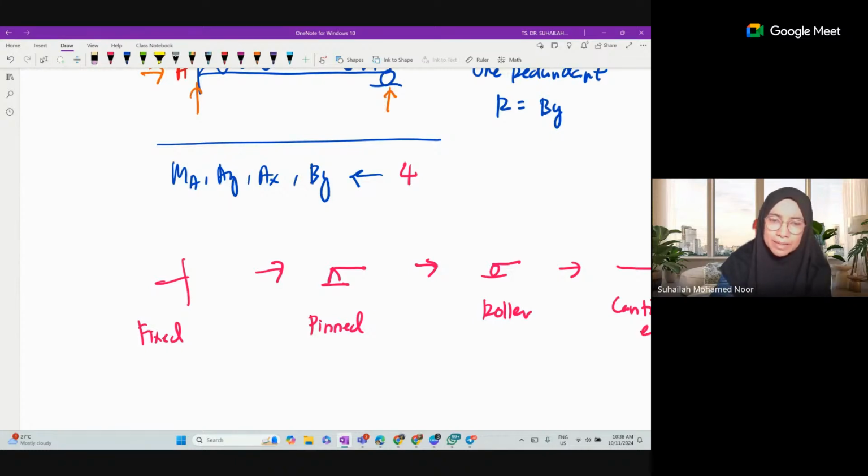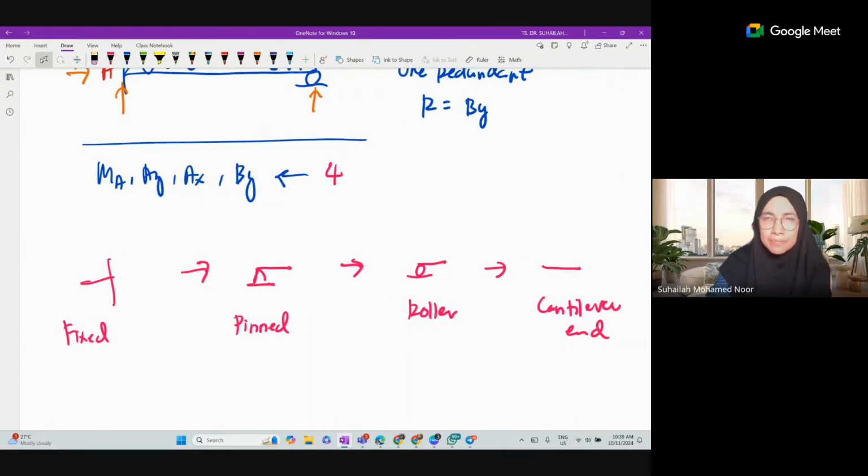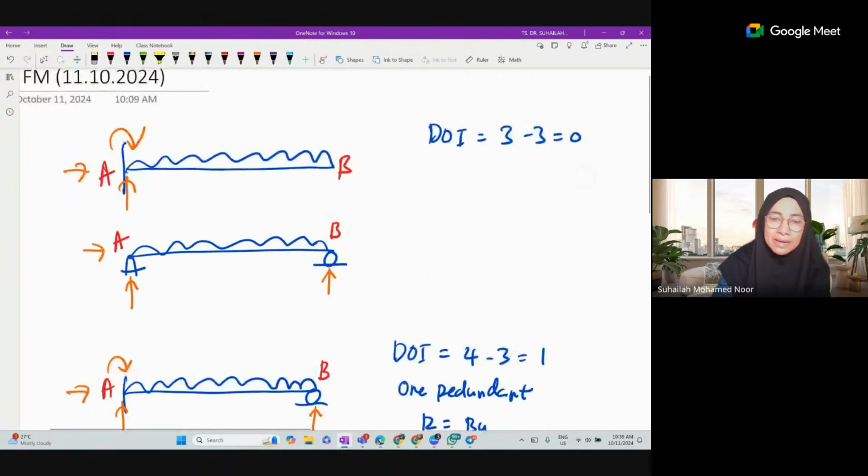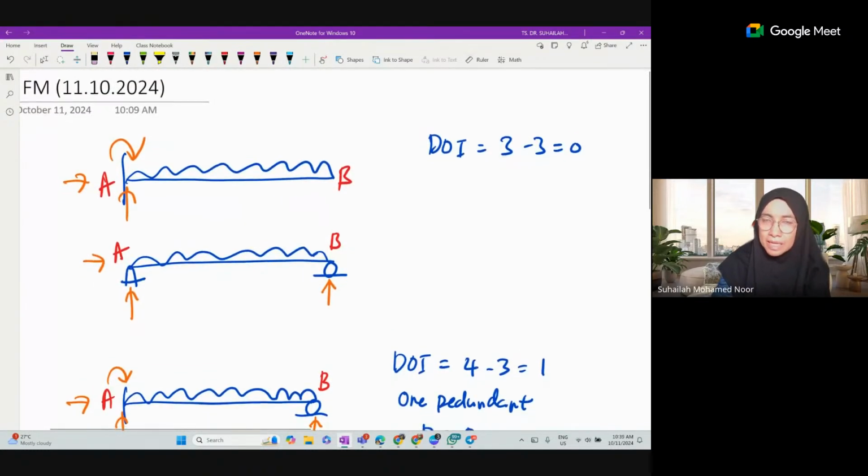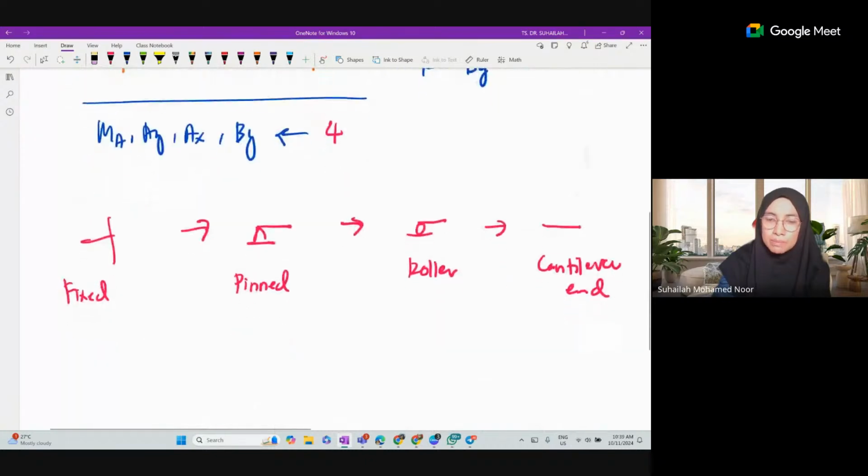AY cannot be the redundant because it does not represent any one of these types of support. AX cannot be the redundant for the same reason. So there are two possibilities because we have two types of determinate beam, cantilever beam and simply supported beam.